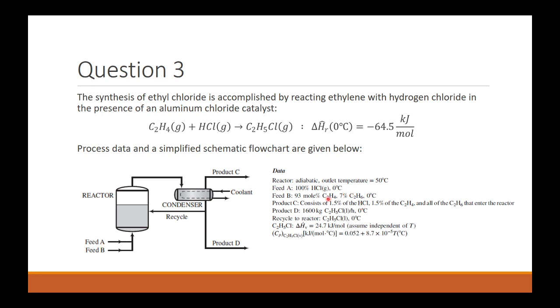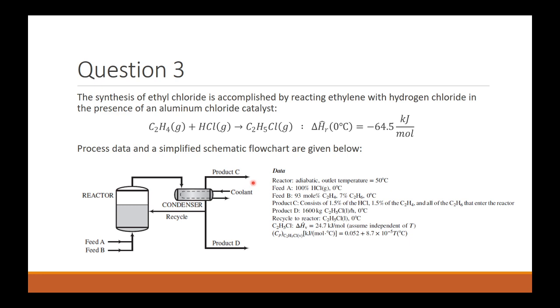So the feed A contains 100% of HCl at 0 degrees Celsius. Reactor operates in an adiabatic system with an outlet temperature of 50 degrees Celsius. Feed B contains 93 mole percent of C2H4, 7% of C2H6 at 0 degrees Celsius.